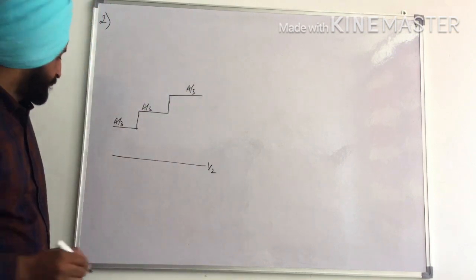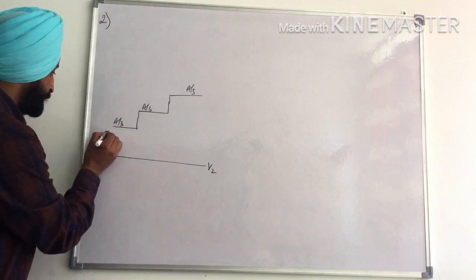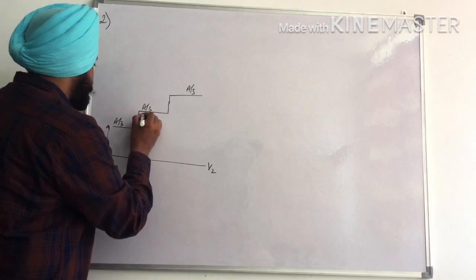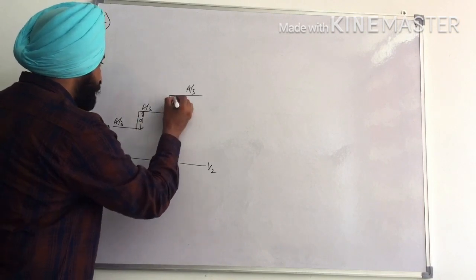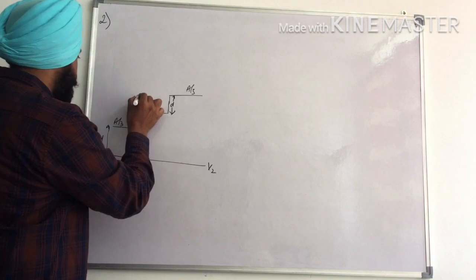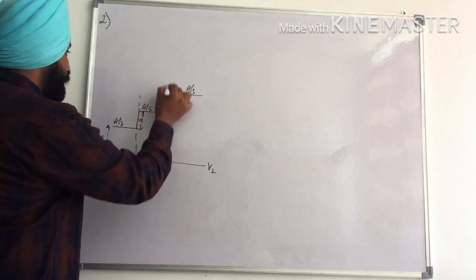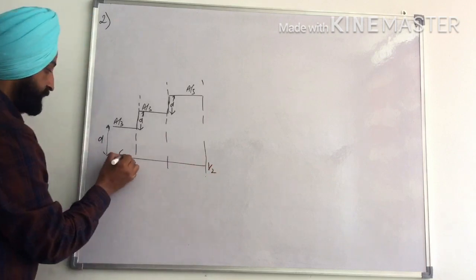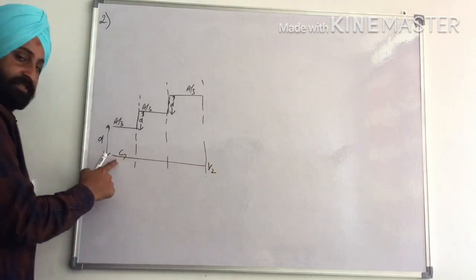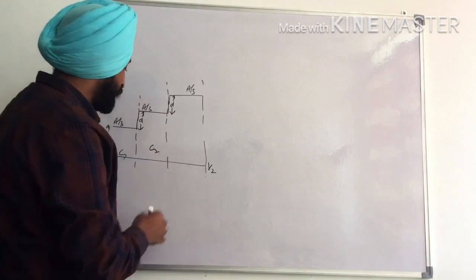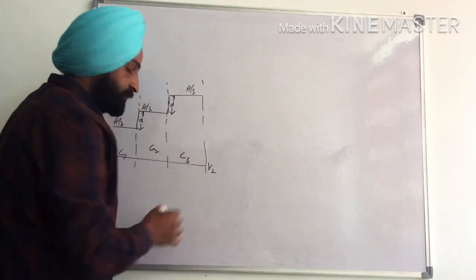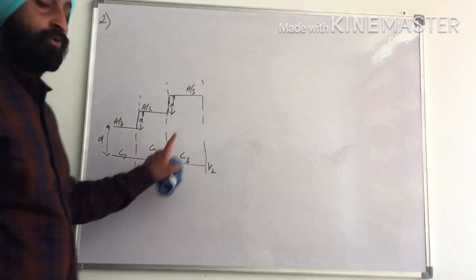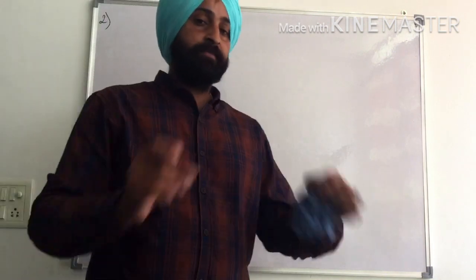And we are also given that this separation is D, this is also D, and this is also D. Now this will be our first capacitor, whose capacity we will be considering as C1. This is capacitor 2 of capacity C2. This is capacitor 3 of capacity C3. Now we will be calculating these C1, C2 and C3, and then we will be adding them in parallel.